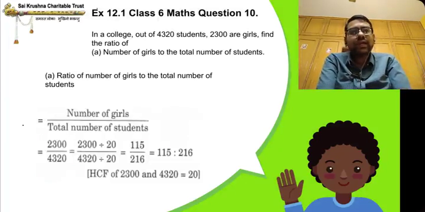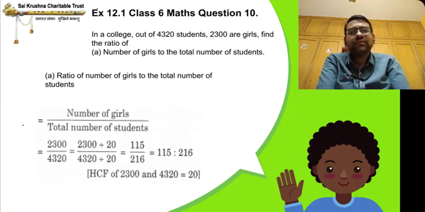Exercise 12.1 class 6 maths, question 10. In a college, out of 4,320 students, 2,300 are girls. Find the ratio of number of girls to total number of students. Number of girls 2,300 by total number of students 4,320.